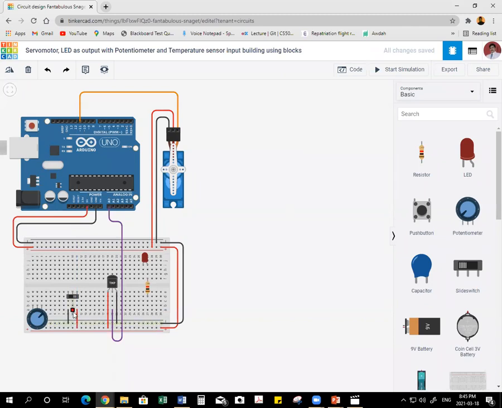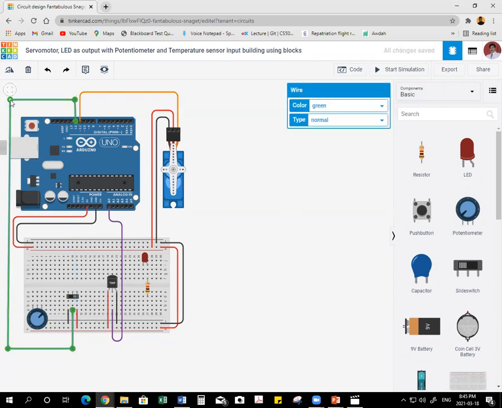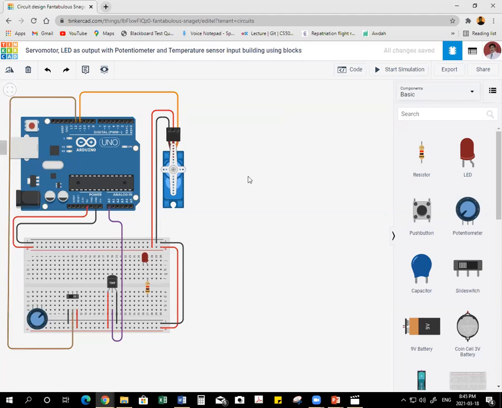Okay, the switch I will take as output to pin number 12. As a control I can say this. Okay, brown I will take.